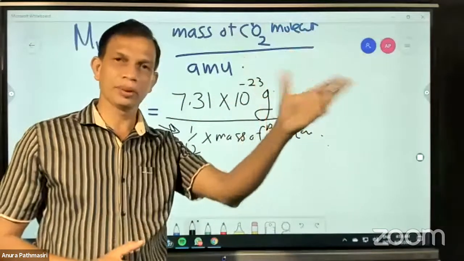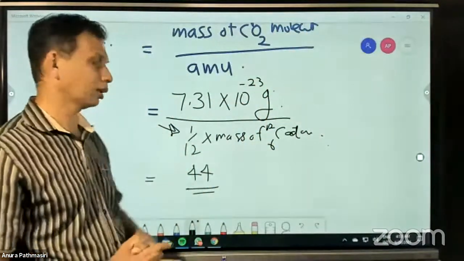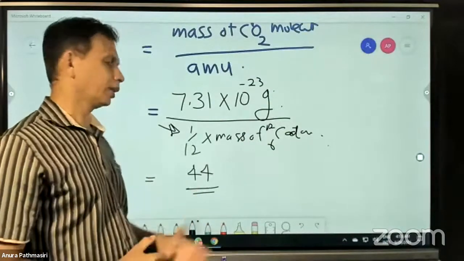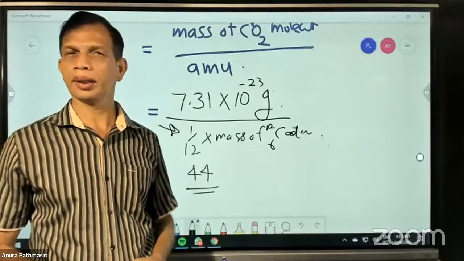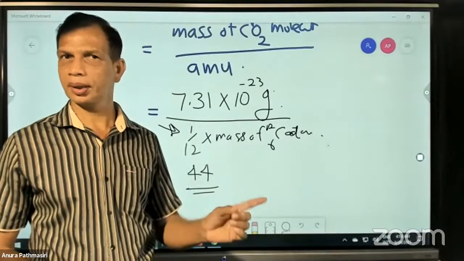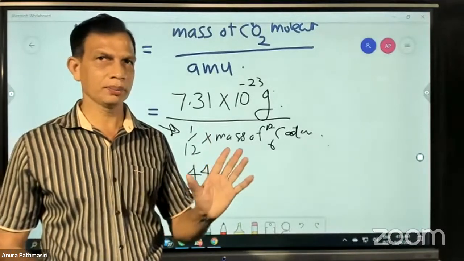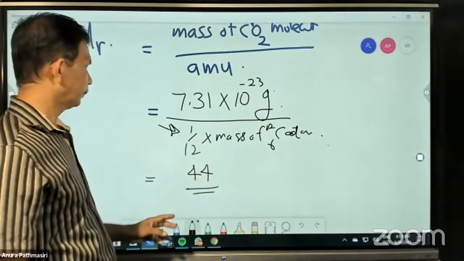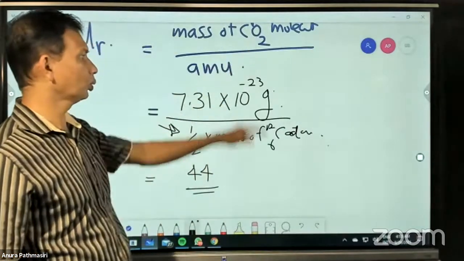That's the method normally used to find the relative atomic mass, relative molecular mass. But we don't want to go on calculating.